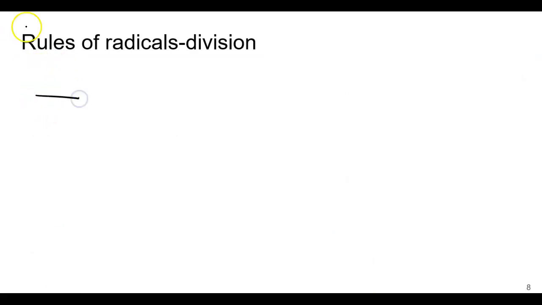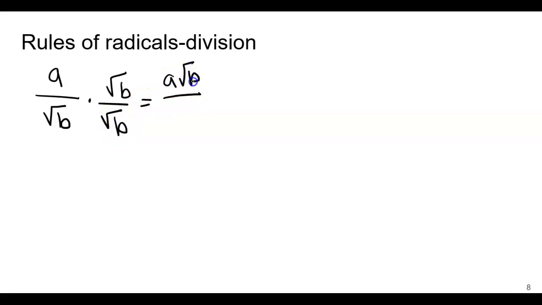Rules for division. If I have a over the square root of b, that just becomes a square root b over b.